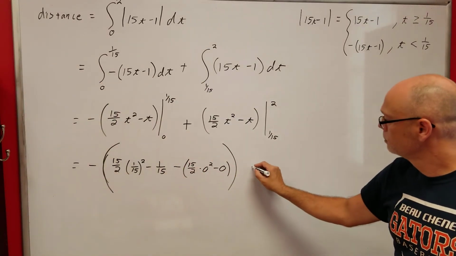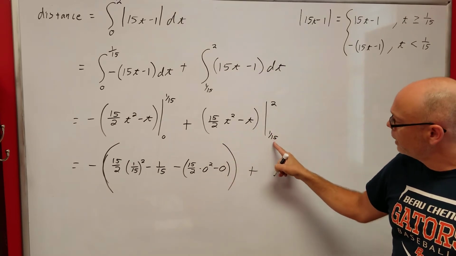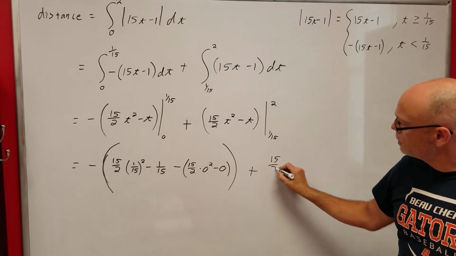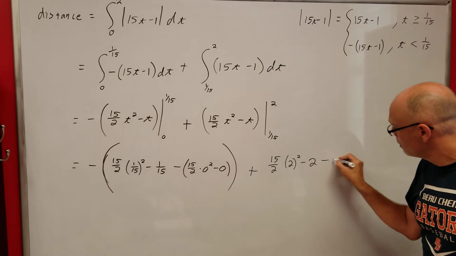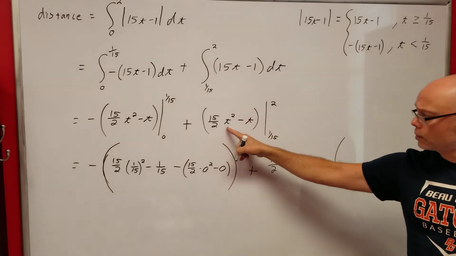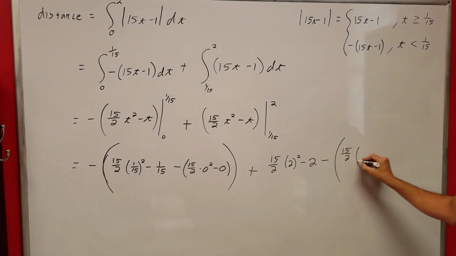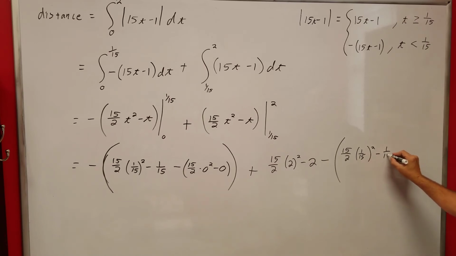Plus, let's evaluate this thing at 2, and then we'll evaluate it at 1/15. Plus 15 halves times 2 squared minus 2, minus 15 halves times 1/15 squared minus 1/15.